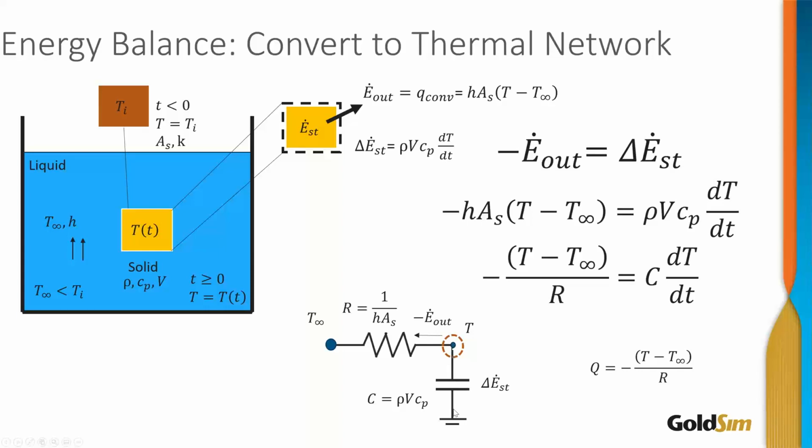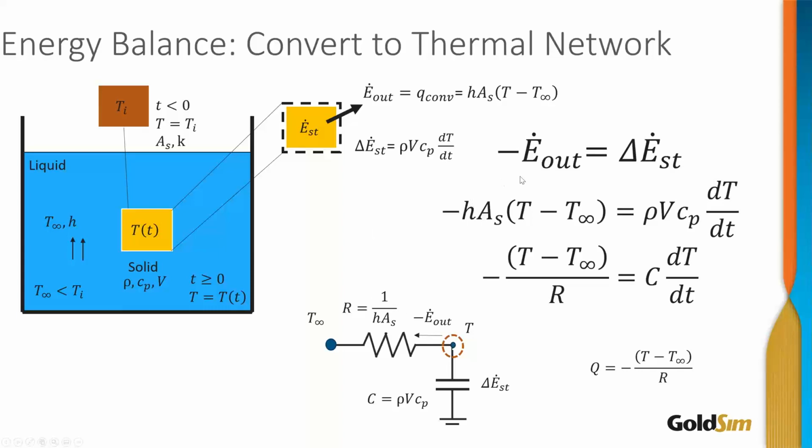So we model that as a capacitor, where the capacitance is the mass times the specific heat. It changes with respect to time, and temperature is just a measure of that energy. The resistance is one over the heat transfer coefficient times the surface area.